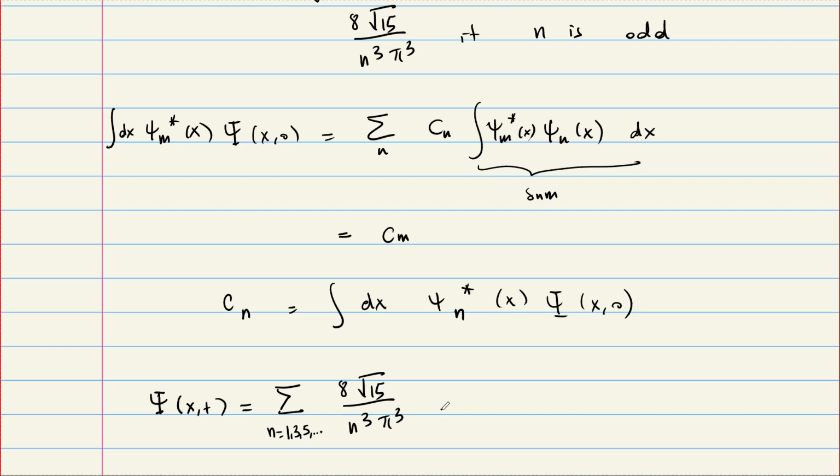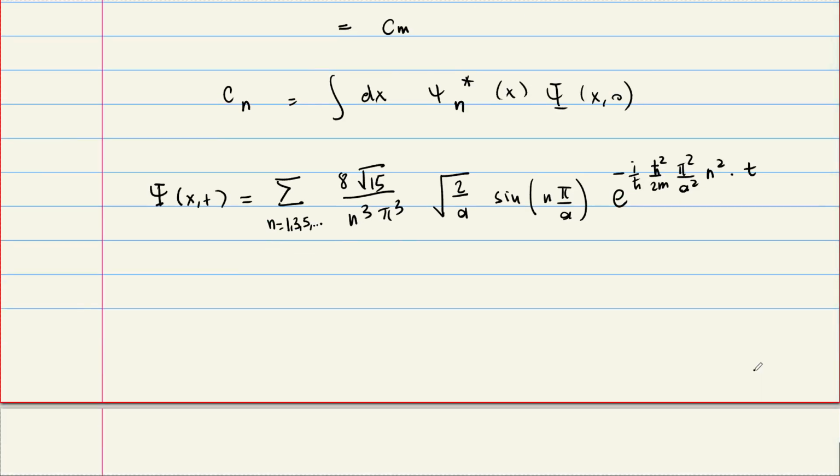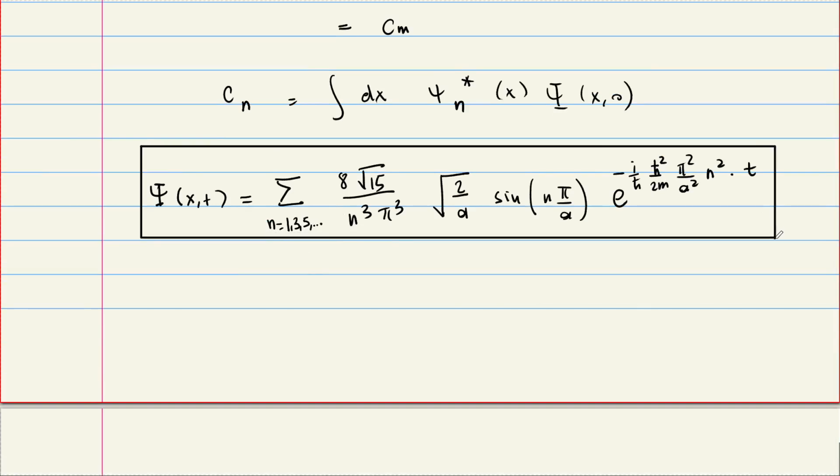So this is Cn. There's the square root of 2 over a sine n pi x over a. This is the psi n, and there's e to the minus i over h bar, and now I'm writing the energy, h bar squared over 2m, pi squared over a squared, n squared, times t. And this is the desired result.